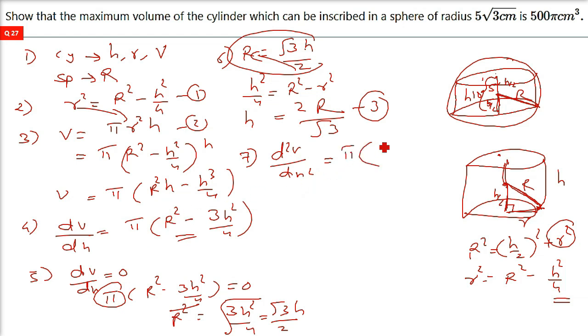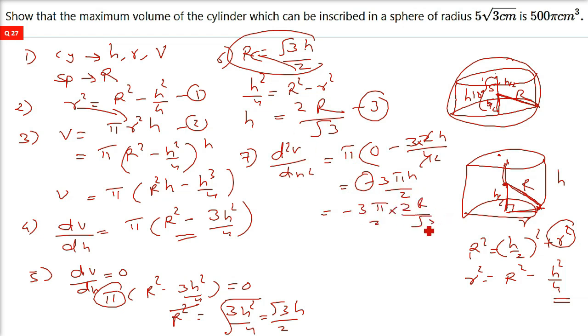So differentiating r square gives 0 because it is a constant. You can see that 5√3 is already given. This 3h square by 4 is differentiated, and don't worry about the value. Just worry about the sign. It's going to be negative because all other components here cannot be negative at all. So it's a negative expression because the negative sign is there.